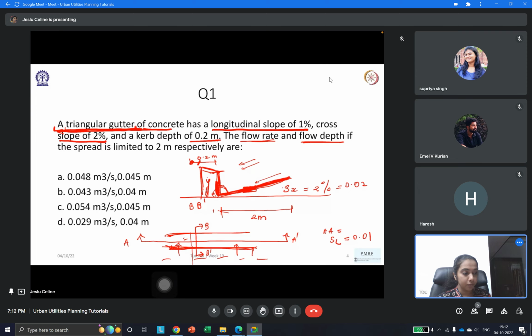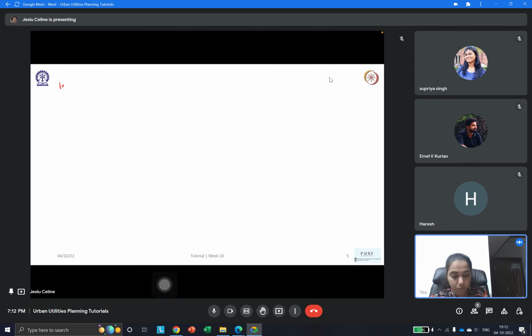We've been asked to find two things. First one is the flow rate, and the second one is the flow depth. How do we calculate flow rate? Mainly we use Manning's equation, as in the previous ones, to find the rate, quantity and velocity.